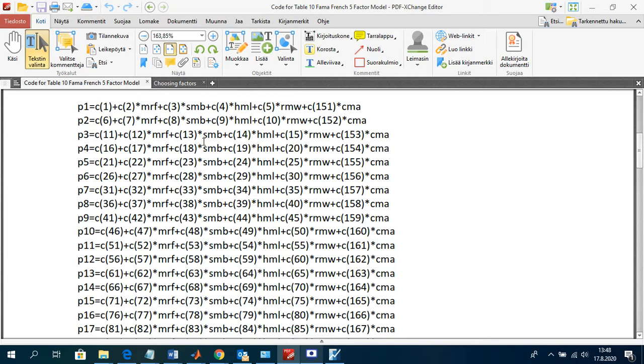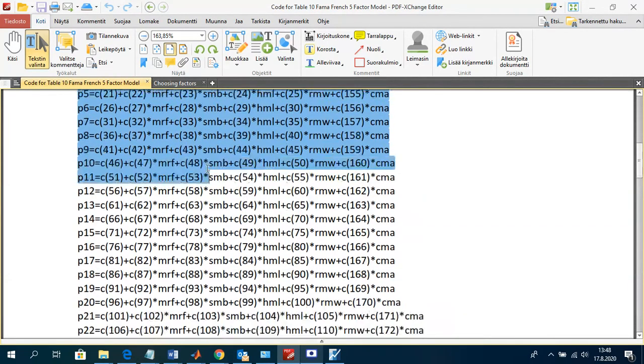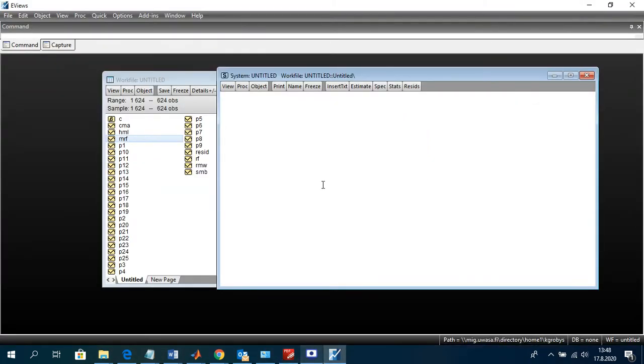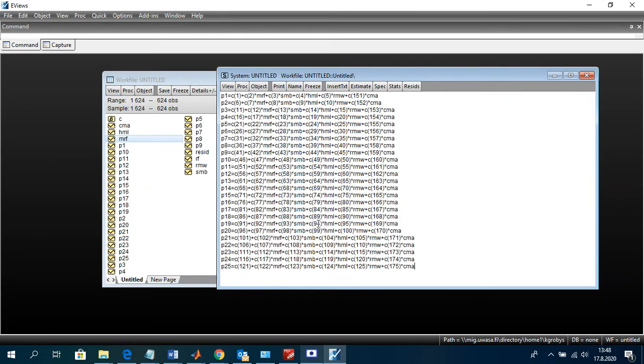This is related to table 10 in the 2015 paper from Fama and French, and there they use intensively the GRS test. So we can just copy and paste everything, because it would be too much work to do it by hand.